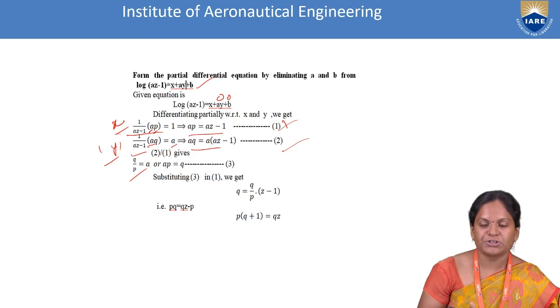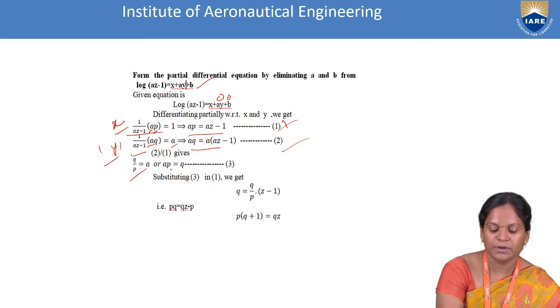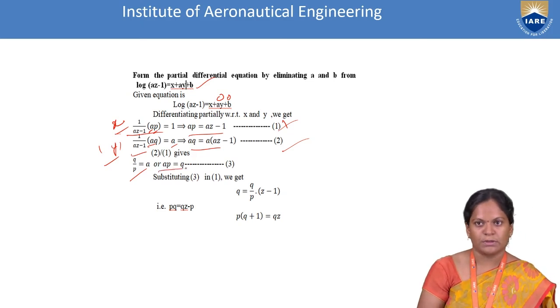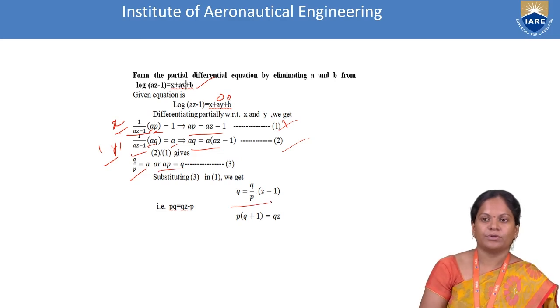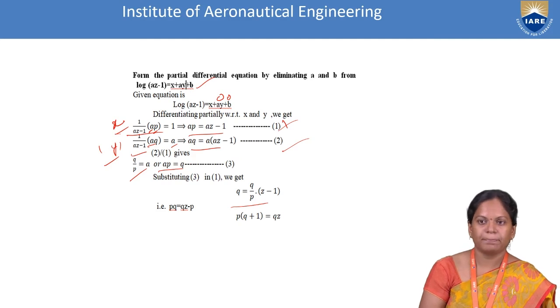Now substitute equation 3 in 1. We get in equation 1, ap equal to az minus 1. From this we have ap equal to q. So that's why here q equal to (q by p) into z minus 1. Simplify, then you will get p into (q plus 1) equal to qz, or pq equal to qz minus p. So here we have p, q, z, p.